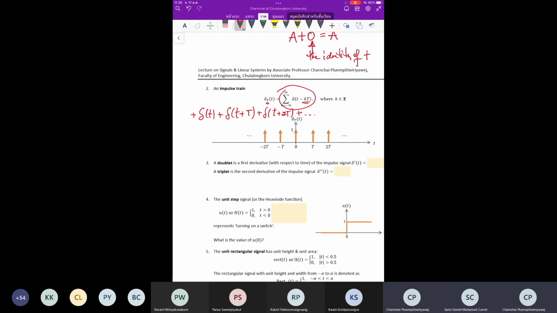And on the left it's plus delta t minus T, plus delta t minus 2 capital T, and so on. This one is just delta t, this one is delta t minus T, this one is delta t minus 2T, this one is delta t plus T, and so on.